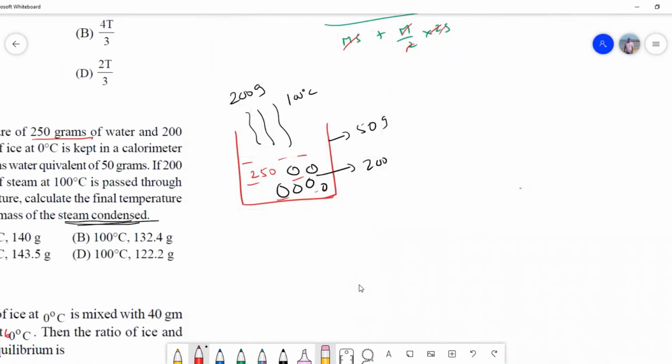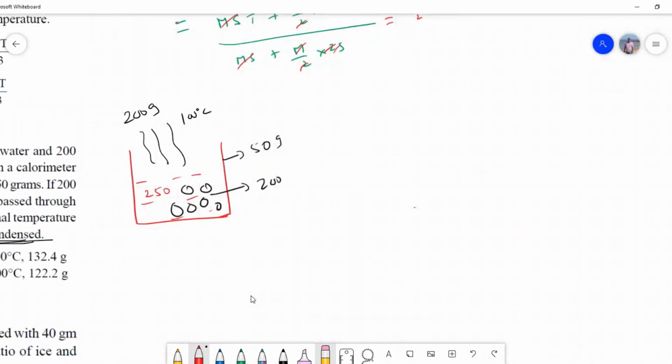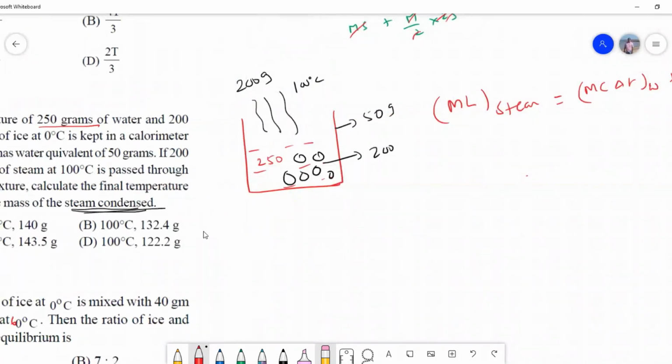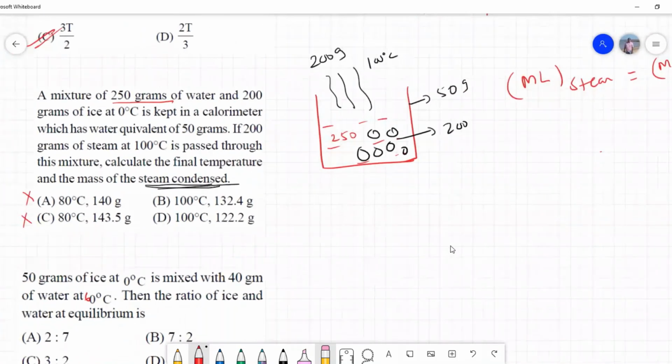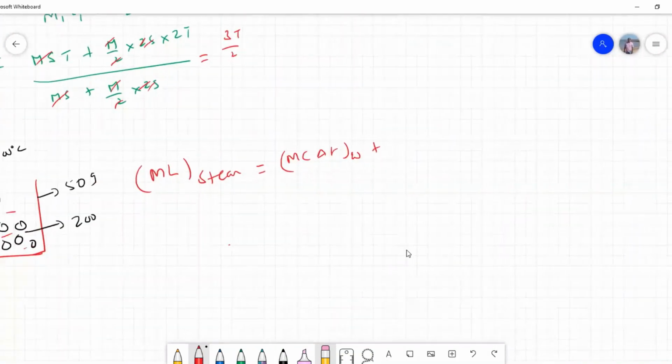Now let us calculate. Heat lost by steam is equal to heat gain by water plus heat gain by ice plus heat gain by calorimeter. All that we need to write down. So mL of steam is equal to mcΔT of water, plus ice actually is at 0 degrees centigrade, so mL plus mcΔT.